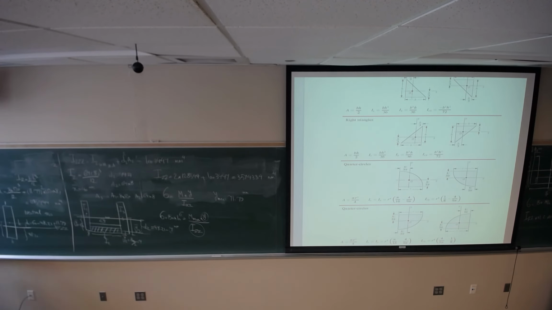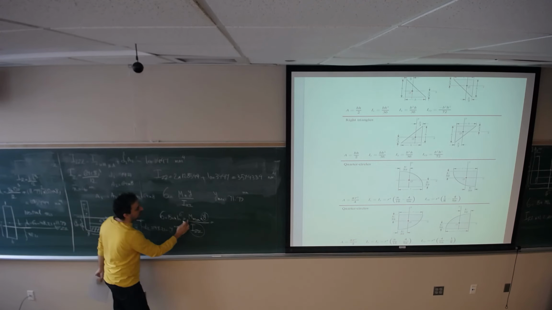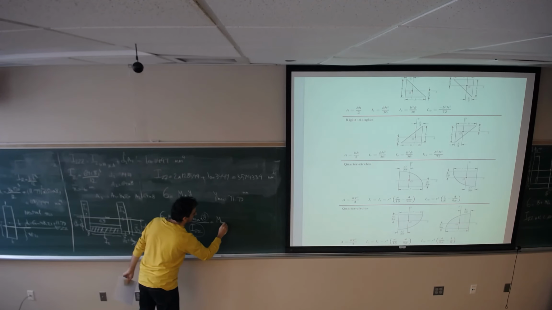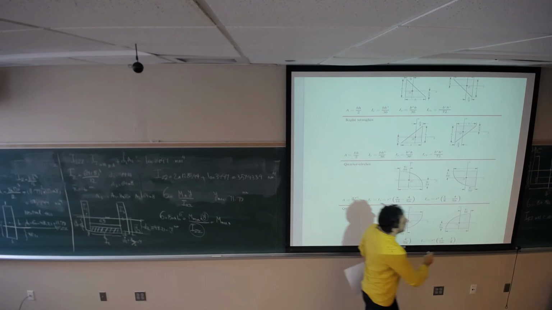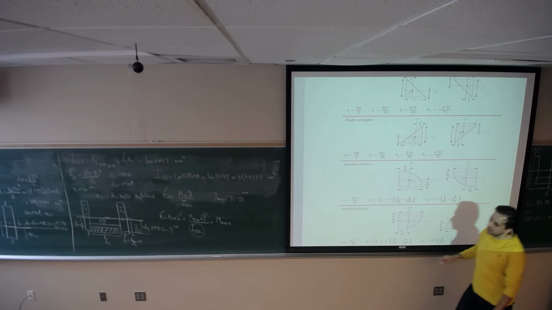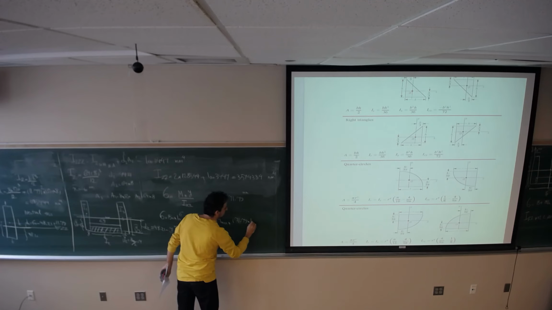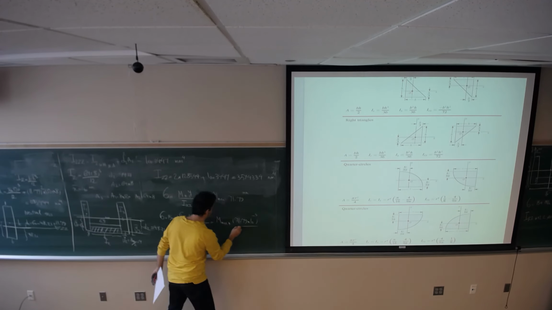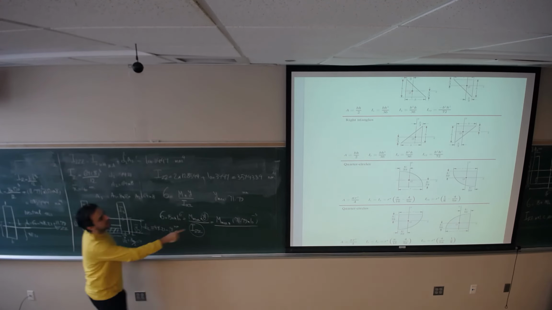Now I can plug in the numbers here. I'm looking for M max, so I leave it there. What would be the maximum Y? I just calculated it, 71.79. I changed the unit to meter, so it's 71.79 times 10 power negative 3 divided by I. Its unit is millimeter power 4.